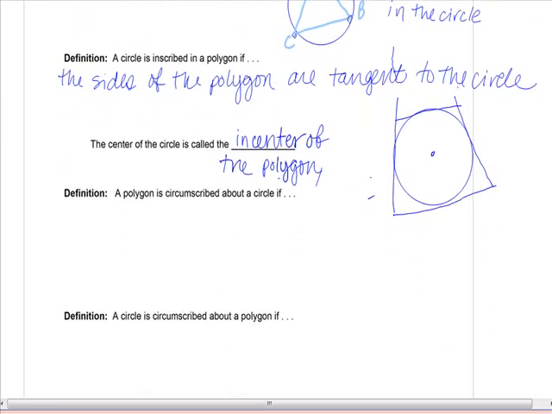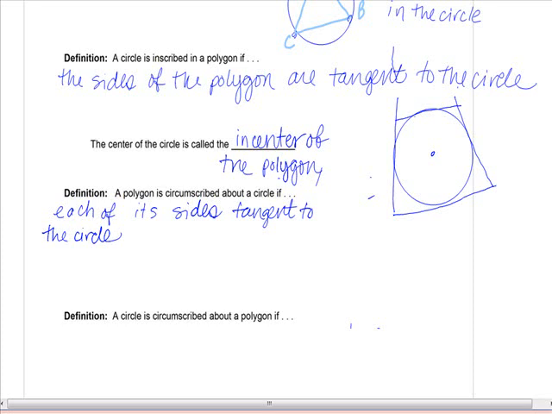A polygon is circumscribed about a circle if each of its sides is tangent to the circle. So it may not look any different than the diagram we just drew.